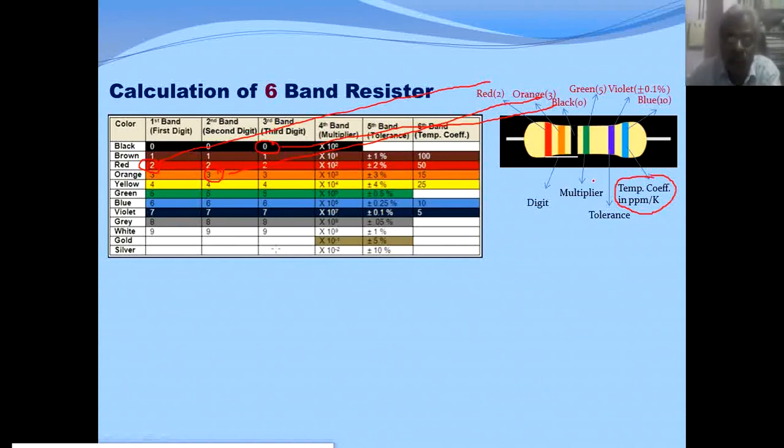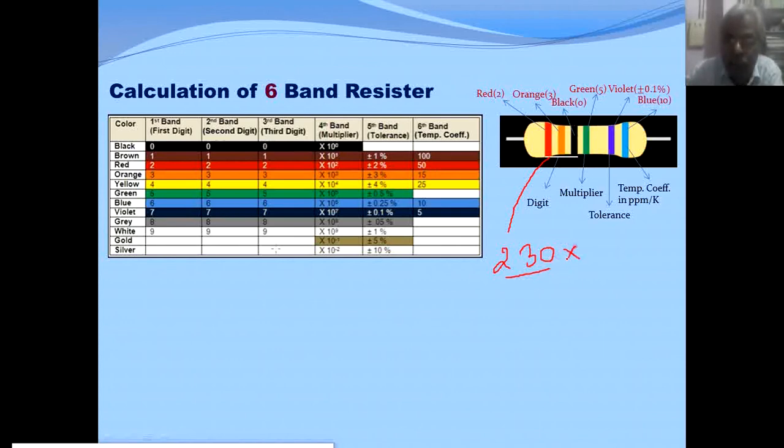So let's move to the calculation, how we will calculate the value of this resistor. The first 3 bands are used for digits, so the first value is 2, second is 3, so I write here 3, and third is 0, so I have written that here. The first 3 bands or colors are used for digits, so I have written 230 like a 5-band resistor.